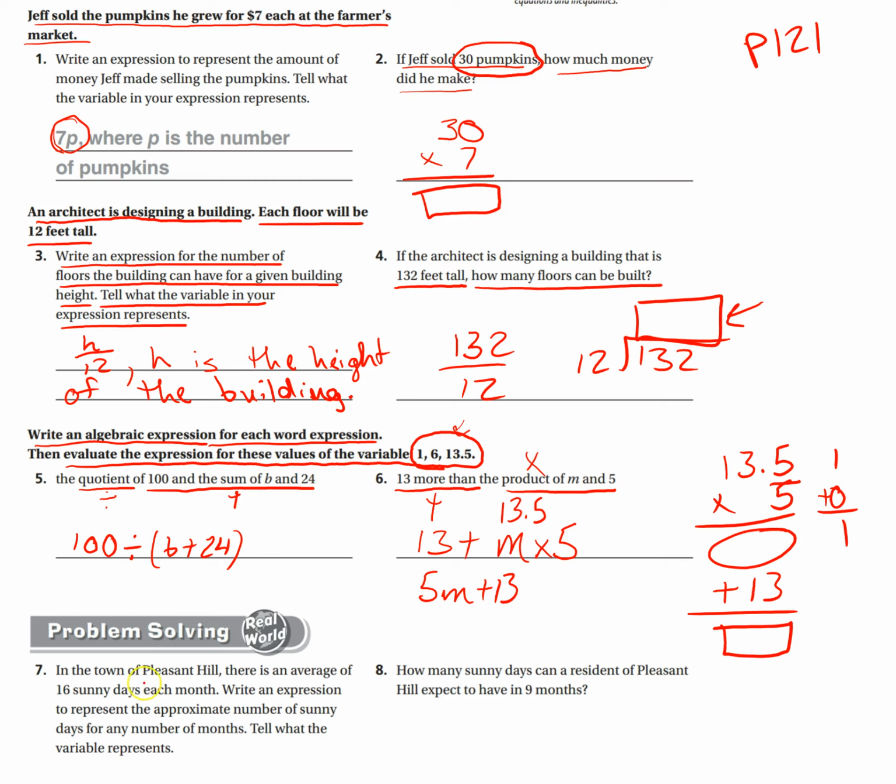Okay, number 7. In the town of Pleasant Hill, there's an average of 16 sunny days each month. Write an expression to represent the approximate number of sunny days for any number of months. Tell what the variable represents. So 16 sunny days.